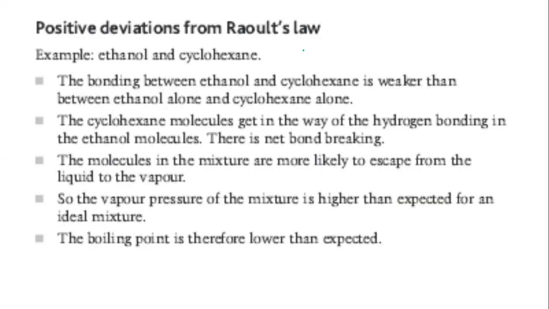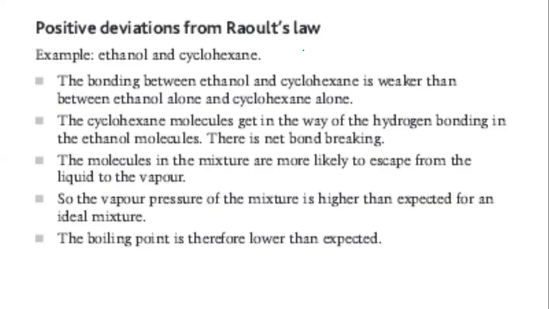When you mix them together, the cyclohexane gets in the way of the hydrogen bonding, and so it causes the hydrogen bonds that were in the ethanol at first to break. As a result, the mixture is more likely to escape into vapor, and it will have a higher vapor pressure than the ethanol alone or the cyclohexane alone, because you have a lot of bond breaking there.